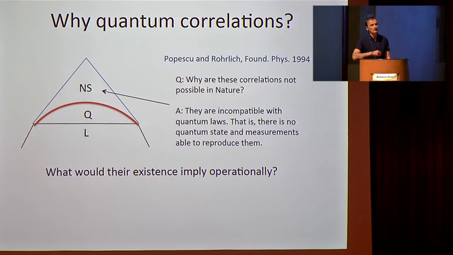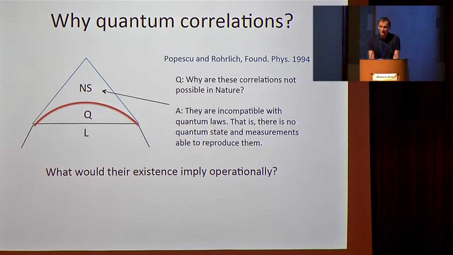So now if you tell me, Tony, how do you know that these correlations are not possible in nature? The only explanation I can give you is that we believe that they are not possible in nature because I don't know how to do them with quantum physics. But the fact that I don't know how to do them with quantum physics means that I cannot find a state and measurements in a given Hilbert space that I combine with a Born rule so that I get these probabilities.